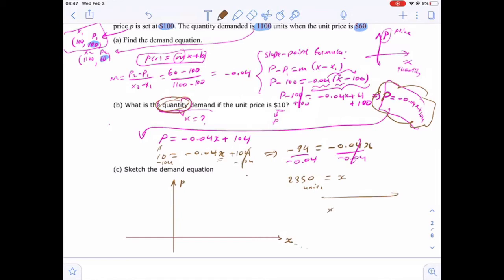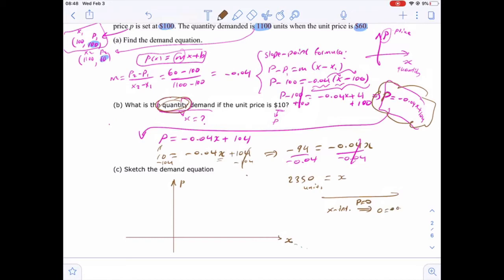What is the x-intercept? The x-intercept is obtained when y equals 0, but here, since p represents y, we use p equals 0.